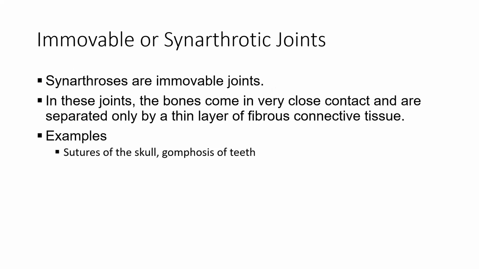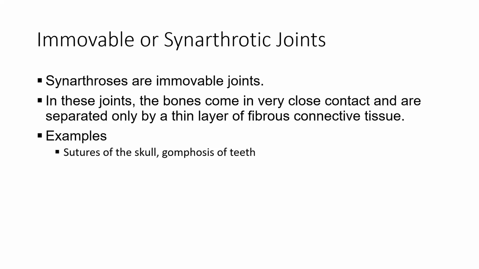An immovable joint: the bones are very close together. They have connective tissue holding them in place, like the teeth in our sockets have a periodontal ligament. Normally we don't like to have bones real close together because of the friction that occurs if they rub. But here, where they're not going to move at all, we don't care if they're butted up against each other.